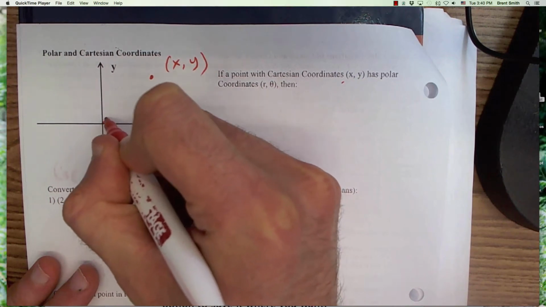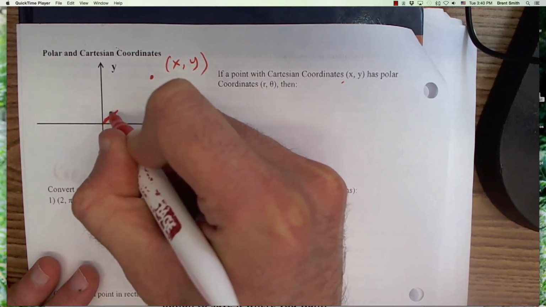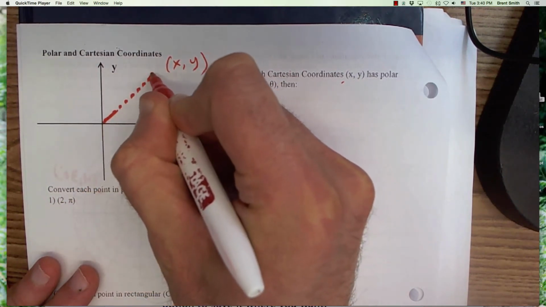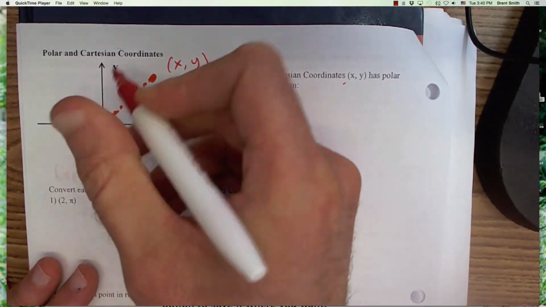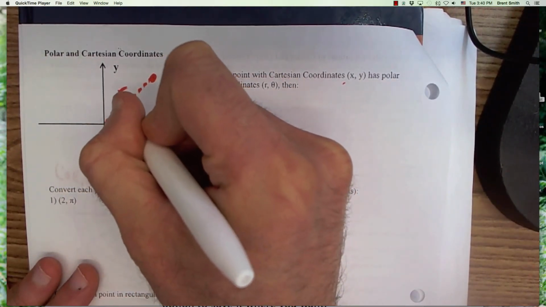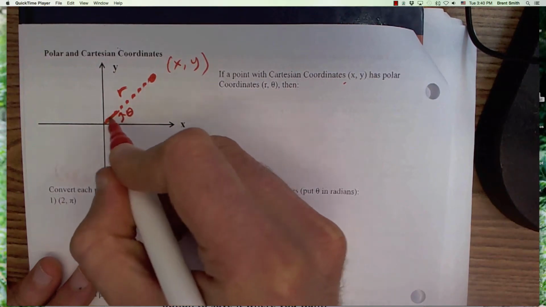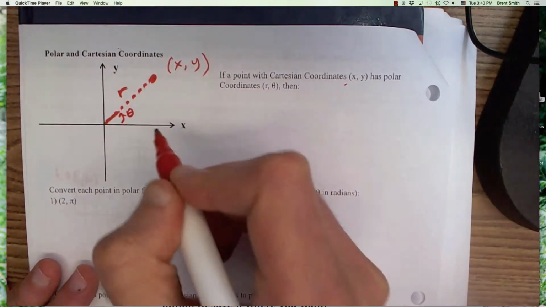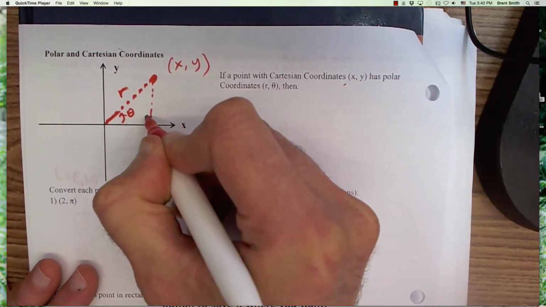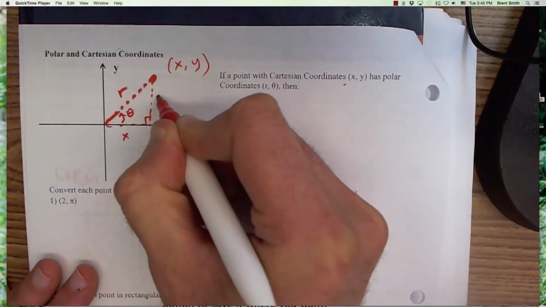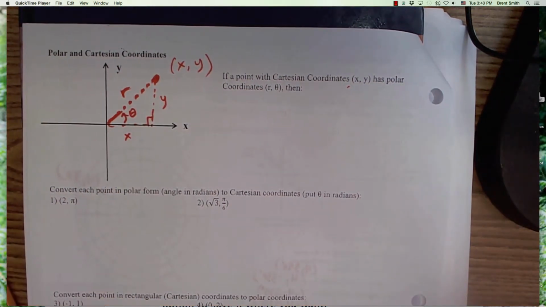So I could have some kind of radius here, r, and then some kind of theta that I rotated first and then I went up to this r. And if this is x and y, I'm just going to label this x and y.